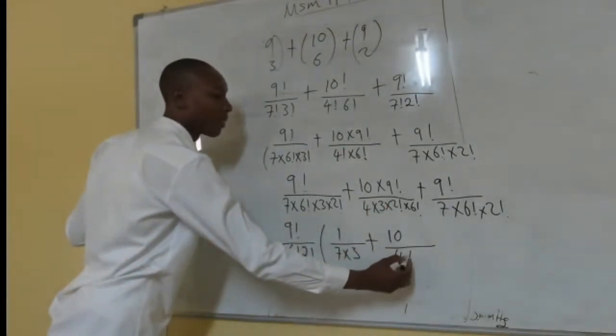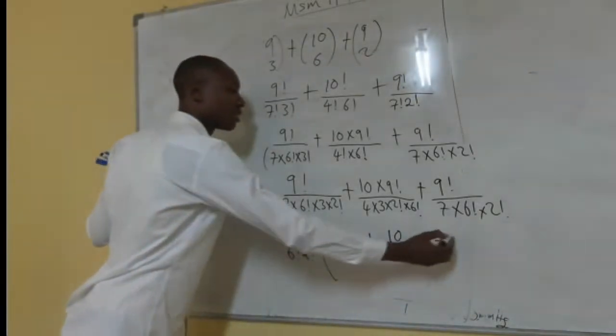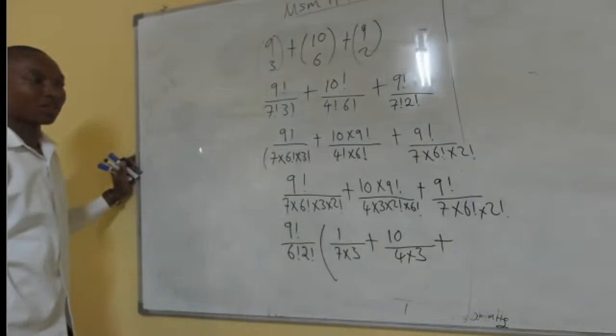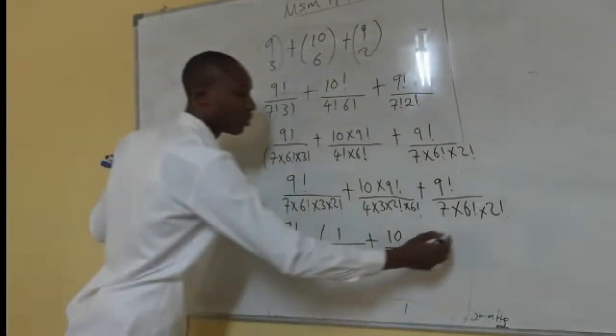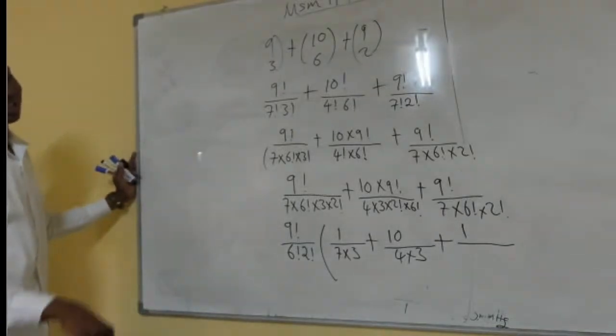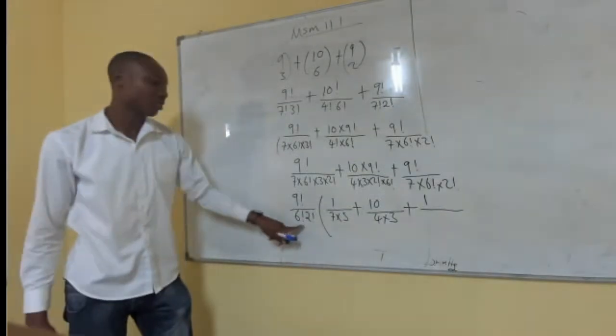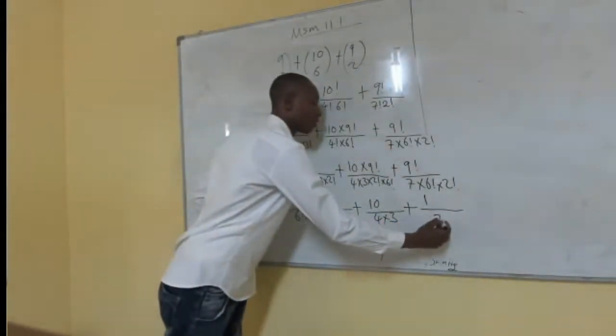Then plus, what is 9 factorial? We factored it out, so what has remained is 1 over what is in the denominator. We factored out 6 factorial and 2 factorial, so what has remained in the denominator is 7.